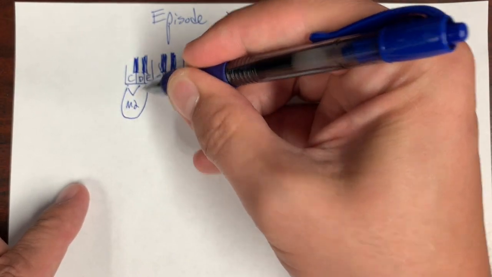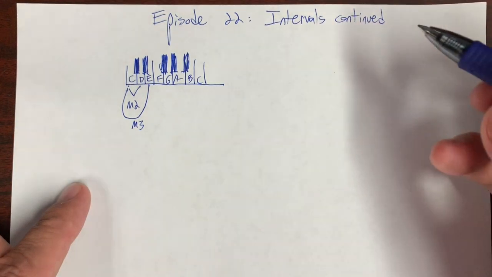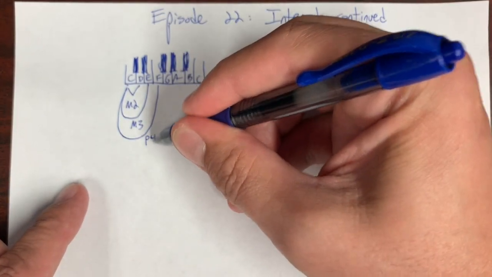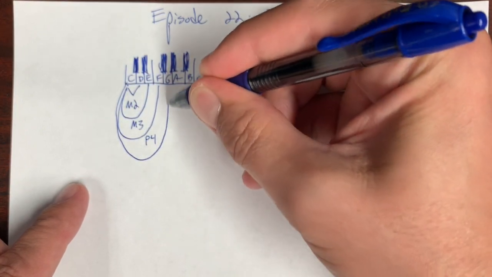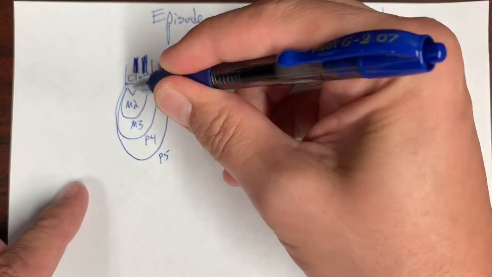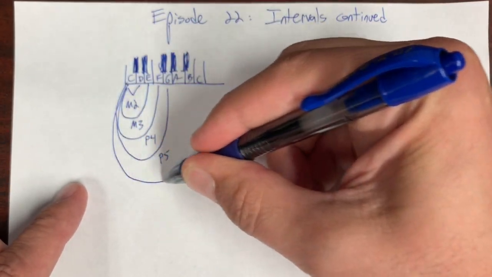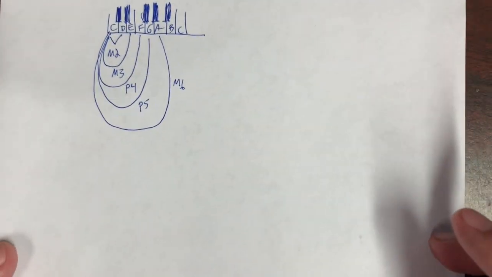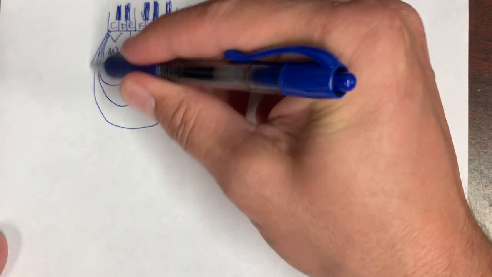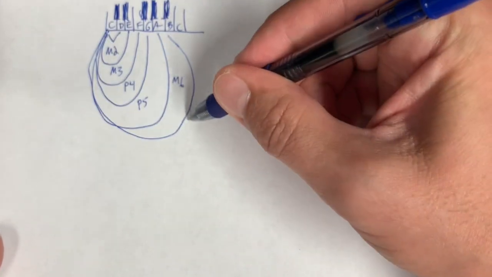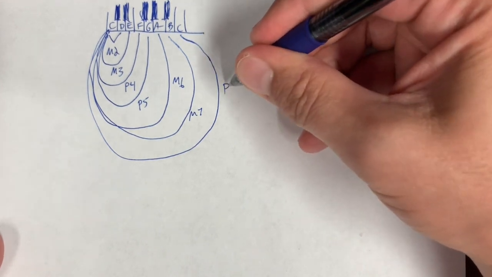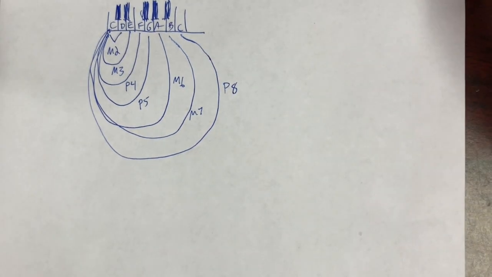From C to E is a major third. From C to F is a perfect fourth. From C to G is a perfect fifth. From C to A is a major sixth. From C to B is a major seventh. And from C all the way to the other C is a perfect octave.